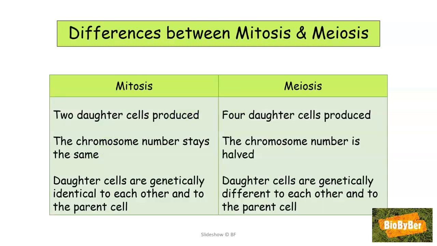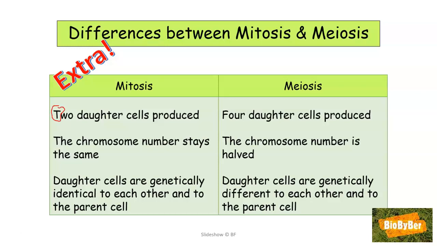So finally, let's have a quick look at the differences between mitosis and meiosis. This is an added extra as such, but you should be able to come up with this material as part of a challenge or a thinking cap question. In mitosis, two daughter cells are produced.